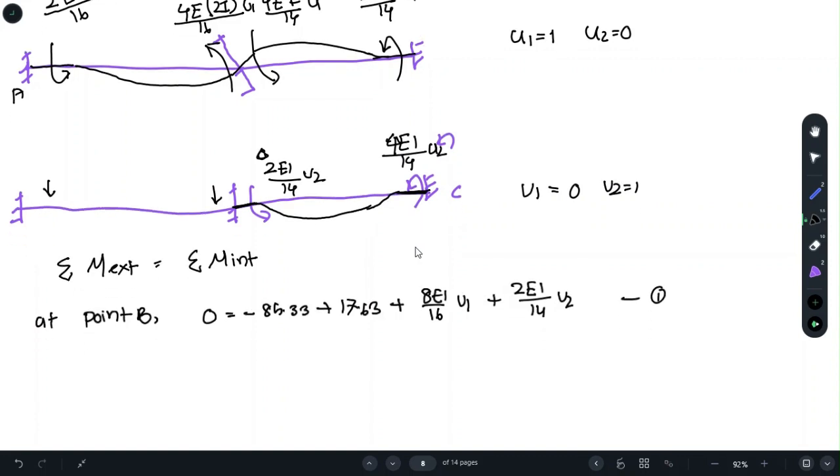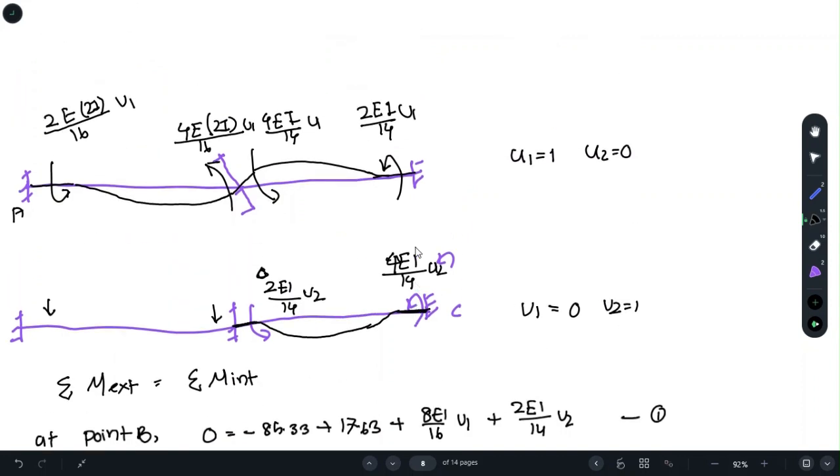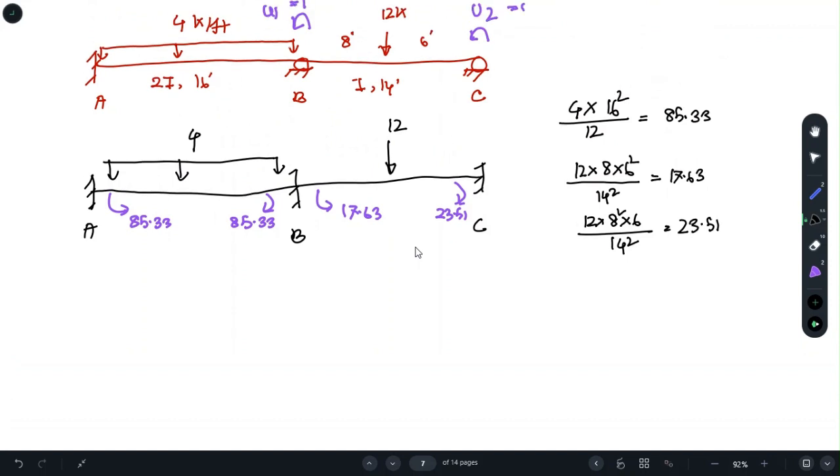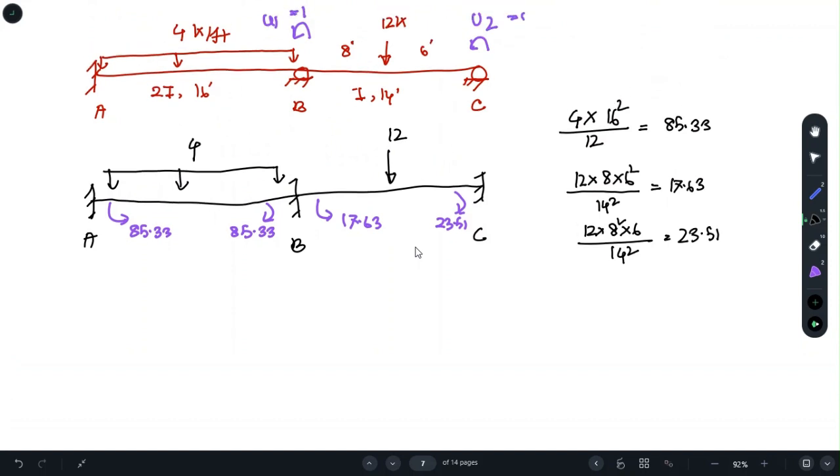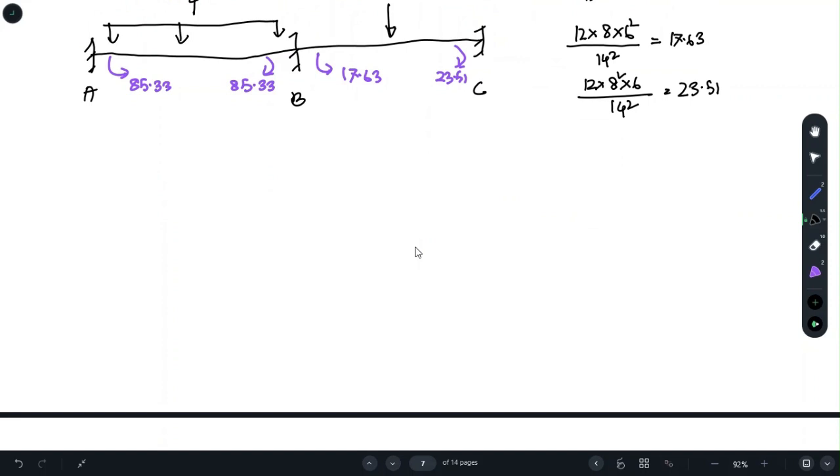We'll make another equation for point C. At point C there were no external moments, but what were the internal moments? We had internal moments of 23.51, which is clockwise so negative.